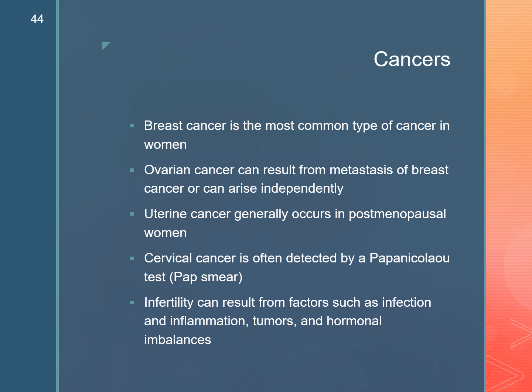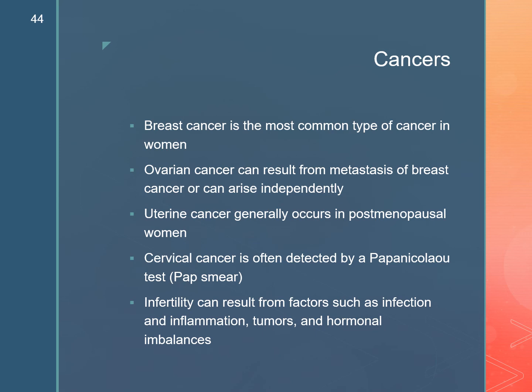Ovarian cancer can be a result of metastasis of breast cancer, or it can arise independently. Ovarian cancer affects about 1 in 70 women in America. Again, typically adenocarcinoma. And the treatment would be surgical removal of the ovaries combined with radiation and chemotherapy.